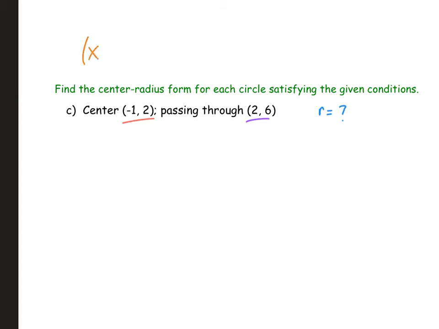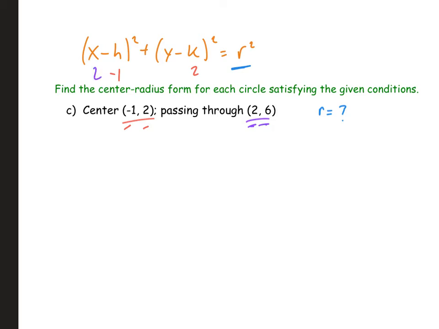And so it's x minus h squared plus y minus k squared equals r squared. We're looking for r, which means that we need to know everything else, and we do. We know what h is, and we know what k is. So it's -1, and that's 2. And then we need any x point that's on the circle and any y point that's on the circle.